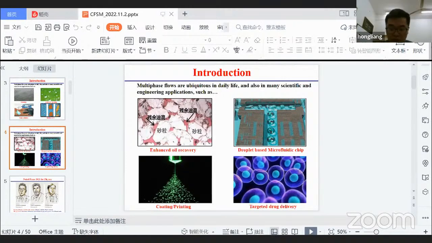Can you see? We can see the PowerPoint window, but it's not a full screen.